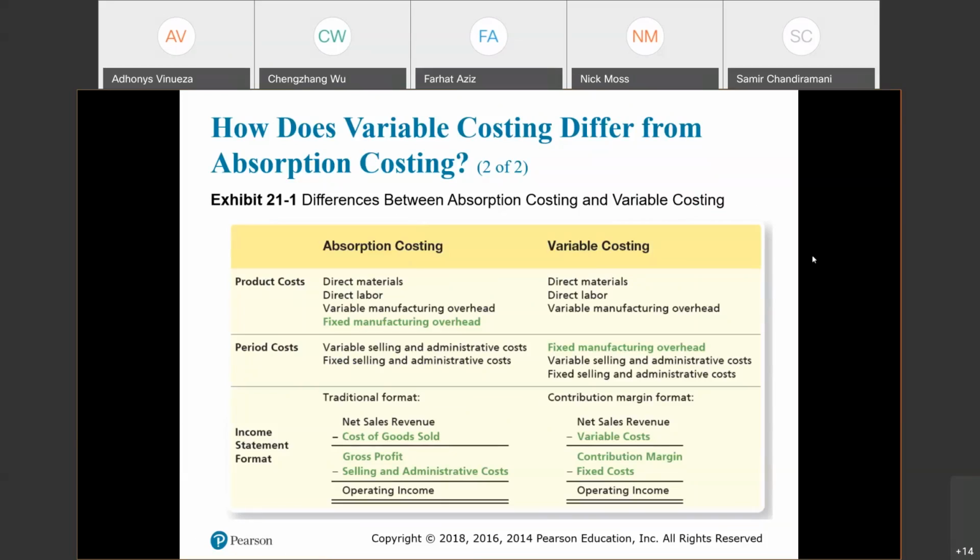Well, but in variable costing, this part is considered as period cost. So the difference is highlighted in green in this slide.